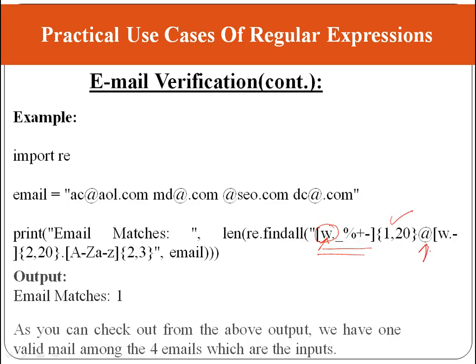And then you have any other characters up to 20, then the dot symbol, then any characters from 2 to 3, so at least 2 should be there, like in co. Then it will match. As you check out from the above output, we have one valid mail among the four emails which are the inputs. These are the inputs we have given: 1, 2, 3, and 4.